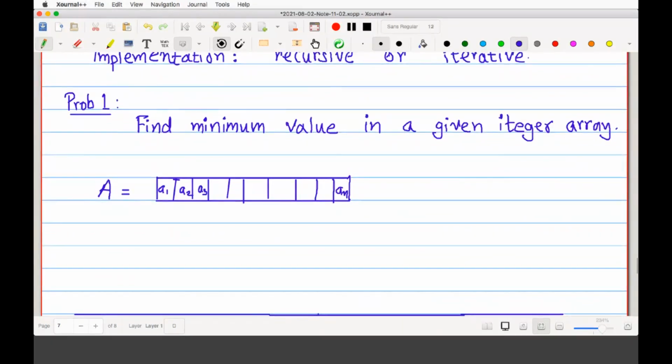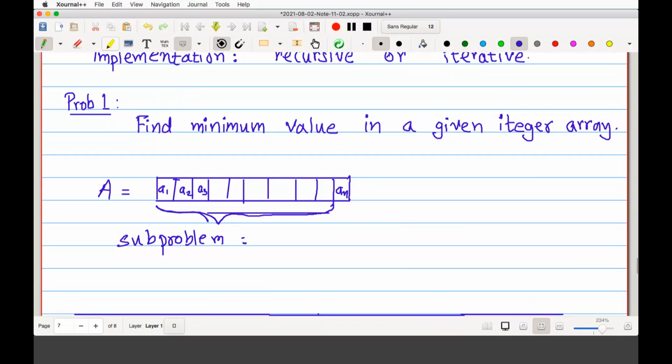So here, for example, you could consider the size n minus 1 array as the smaller input, right? So what would be your subproblem here? Your subproblem would be to find the minimum among the first n minus 1 values.